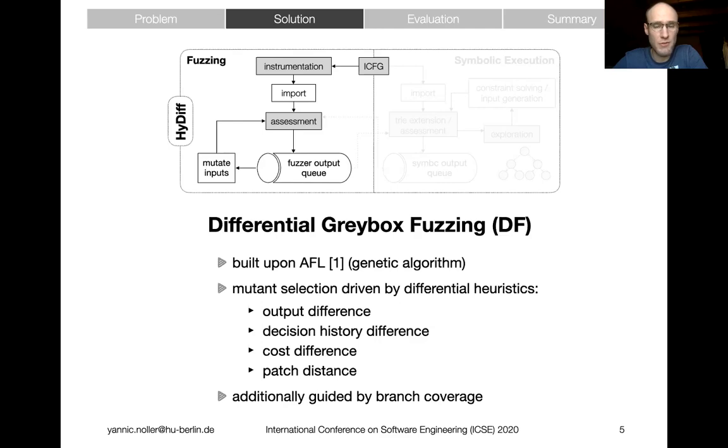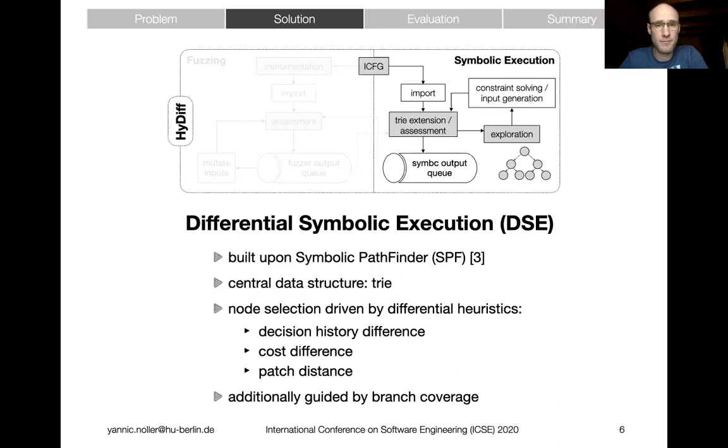With decision history, we mean the branching behavior inside the program. For the side channel analysis, we also incorporate the cost difference. And for regression testing, we incorporate the patch distance. The patch distance is interesting when you want to direct fuzzing into the changed areas. Additionally, we also apply here the branch coverage.